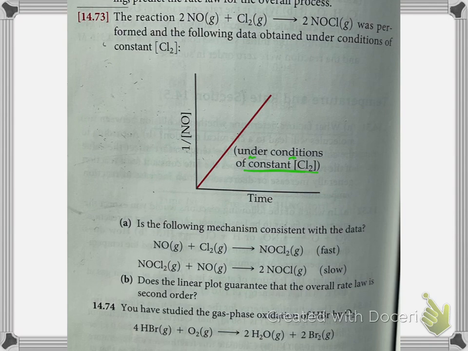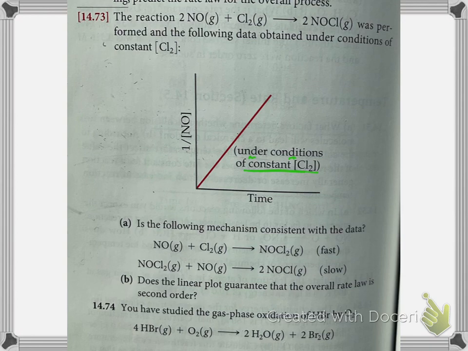And then they ask if that mechanism is consistent. Well, we don't know enough yet to know for sure, but we could have eliminated it perhaps. The slow step is the second step, and so the rate determining step is the second step. And so if that rate law agreed with the overall rate law, then we could say that it must not be consistent, because that would only be the case if the slow step was the first step. But we really can only say so much about this because, one, the first step's not the slow step, and we haven't learned how to deal with that yet.